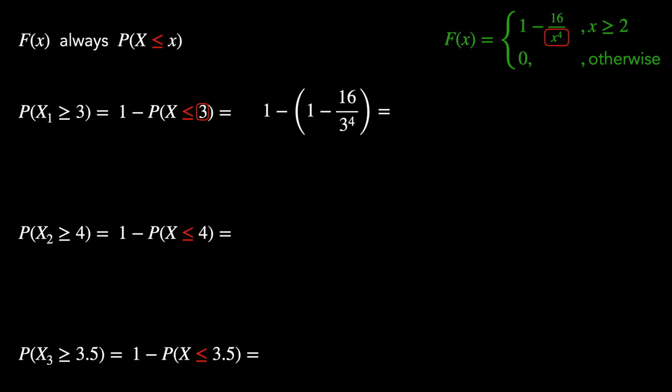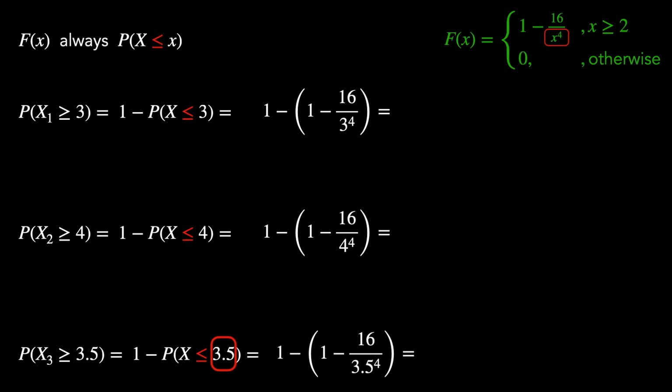So it becomes 1 minus, because remember we have that 1 minus in front of the probability of x less than or equal to 3, it becomes 1 minus the CDF in green with our number plugged in where the x is. The next one, we want to plug the 4 in for where the x is. And similarly, we plug the 3.5 in for where the x is. See that once we have this CDF figured out, all we're doing is plugging in parts, and then of course we're going to have to solve.